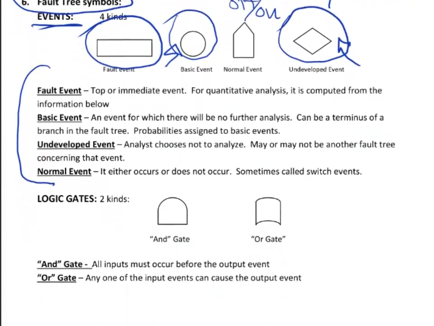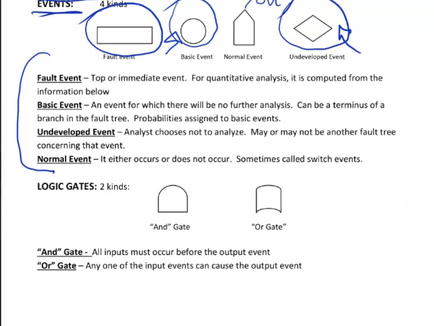Now, we have another two symbols that we use to combine all of these, and these are called logic gates. Now, an AND gate is our first symbol, and as you can see, it's just this thing with a flat bottom like that. An OR gate can be similar, but it has a cup kind of at the bottom. AND gates and OR gates tie all these events together.